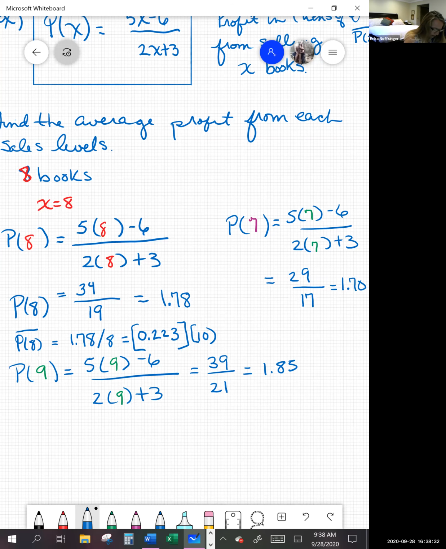I had rounded wrong. It was 0.2236, and so this is going to be a 4. So $2.24 per book is the average cost of 8 books.